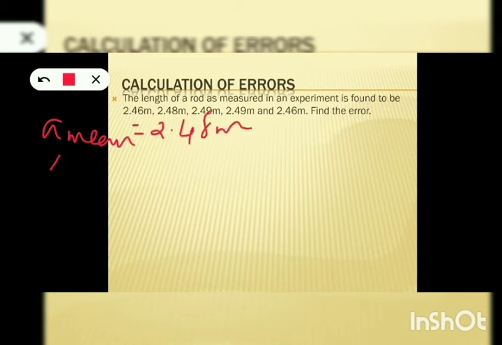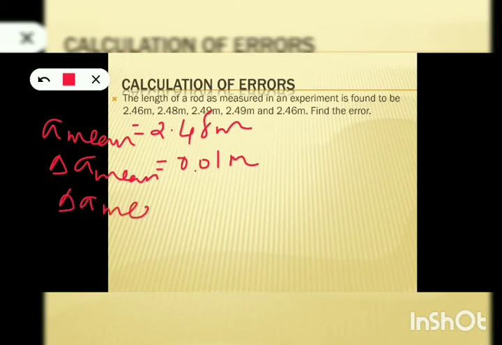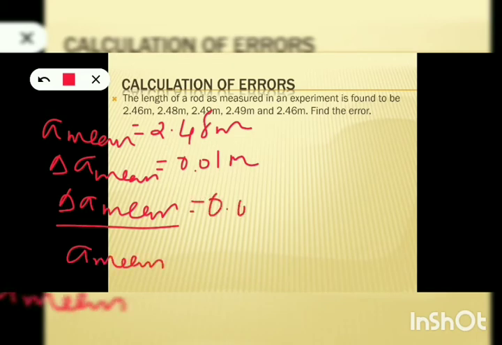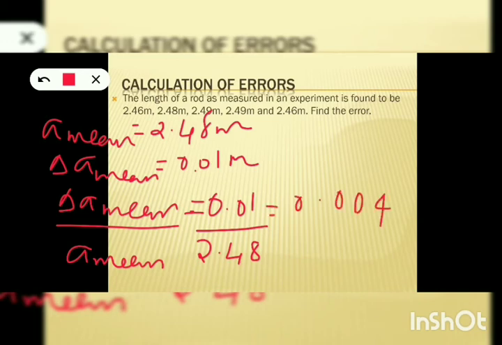Okay. Now, here we got A mean as 2.48 meter and delta A mean as 0.01 meter. Right. Now, when I take the ratio of these two quantities, that means the ratio of delta A mean by A mean, I will get 0.01 by 2.48 and it is 0.004.